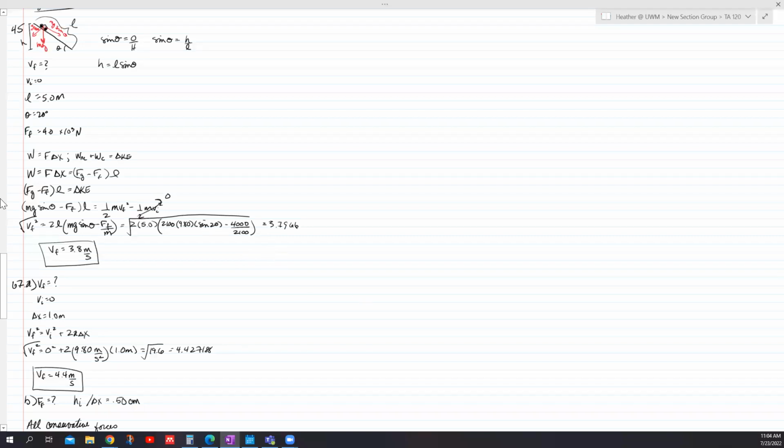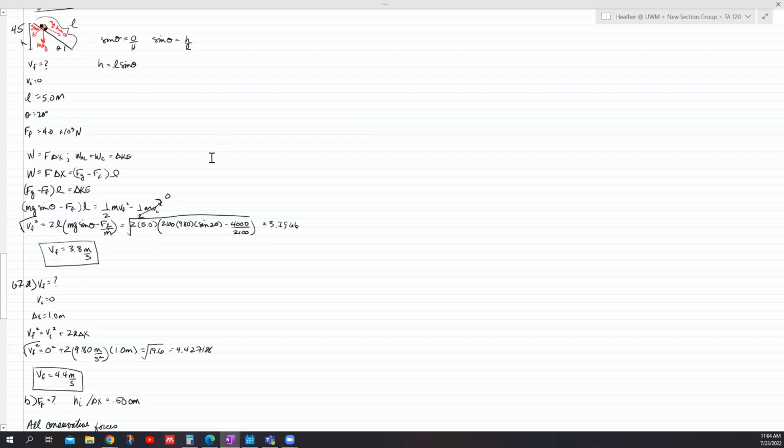We're going to plug in what we know. Here we're going to use this little diagram that I've drawn to come up with the force of gravity component mg sine theta, minus force of friction, times L, equals the change in kinetic energy, which is KF minus KI, 1/2 m vf squared minus 1/2 m vi squared.